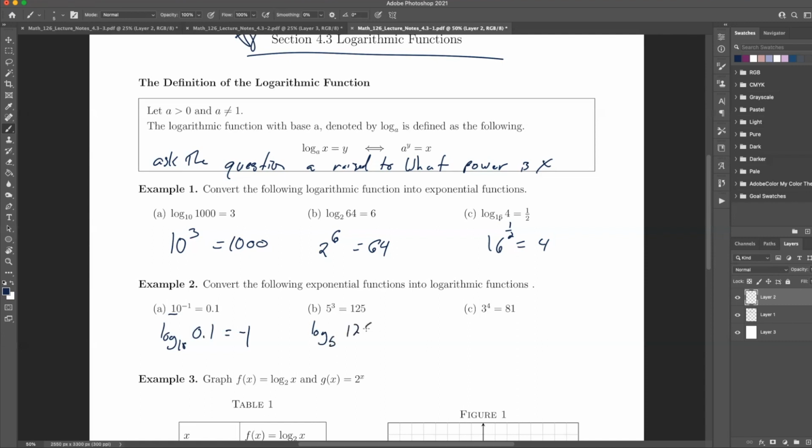We're going to take 125, and that's going to give us 5 back. Or no, that's going to give us 3 back, sorry. And then here we'll have log base 3 of 81. 3 raised to what power is 81? Well, it was 4. Okay, so this will get you a little bit of a feel. You'll do some of this conversion in the homework.